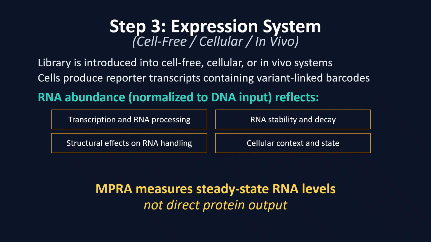Once the reporter library is constructed, it is introduced into an expression system. This could be a cell-free extract, cultured cells, or in some cases, even an in vivo model. Each construct produces a reporter transcript that contains a barcode identifying the sequence variant.